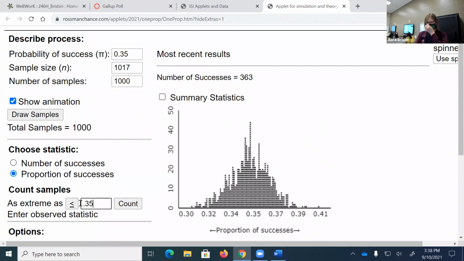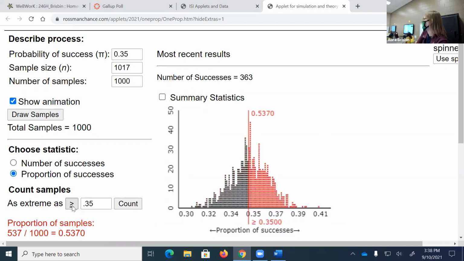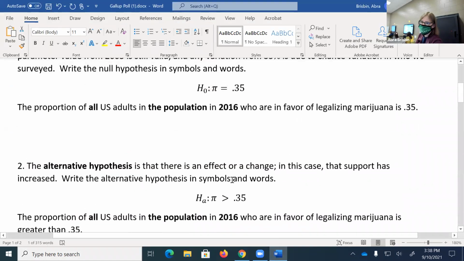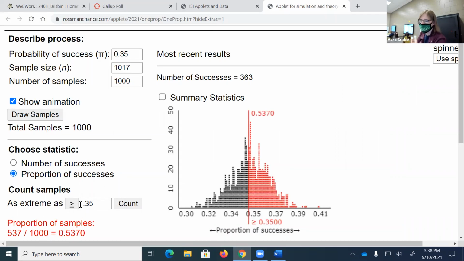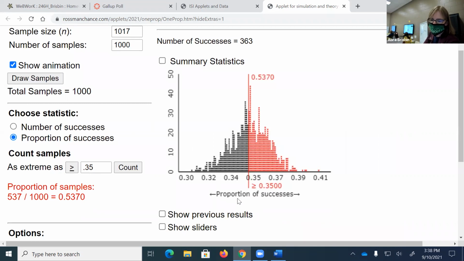And then which direction do we want, this greater than, less than sign? Greater than, because we want that to be matching the direction of the alternative hypothesis. So because the alternative hypothesis was greater than, we want to count samples that were as extreme as greater than or equal to something. So in that case, we get a p-value of 0.537.